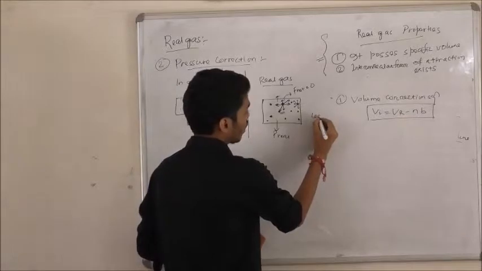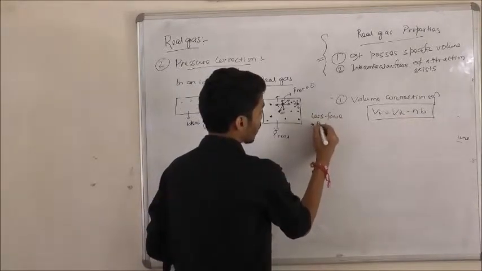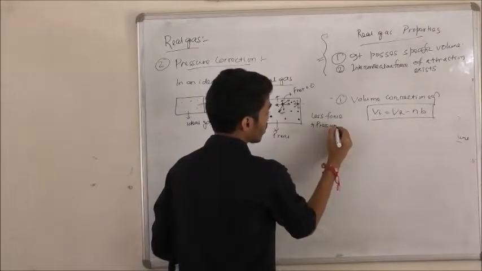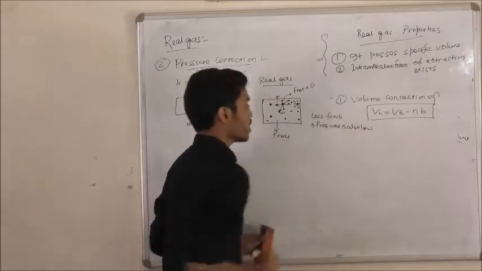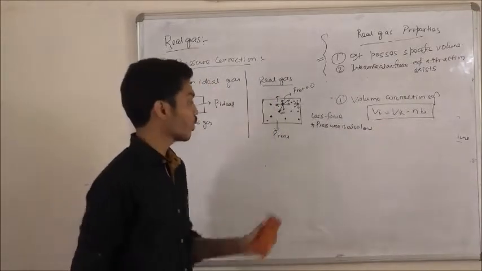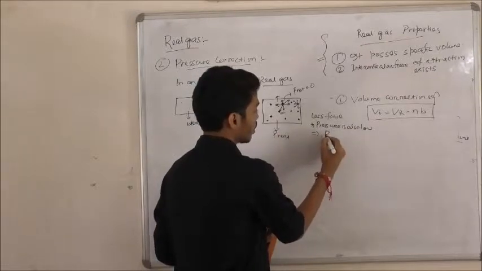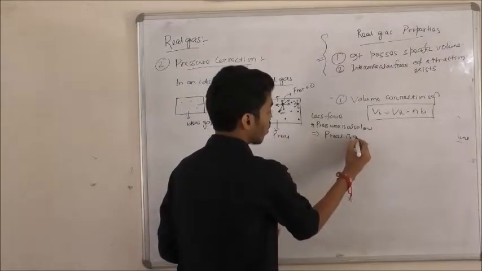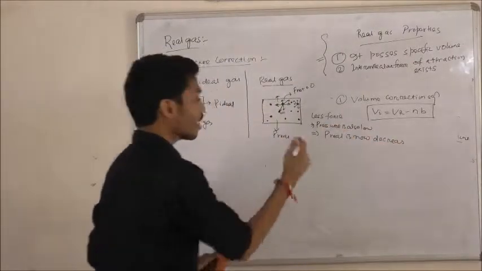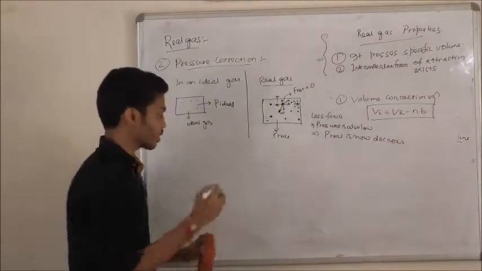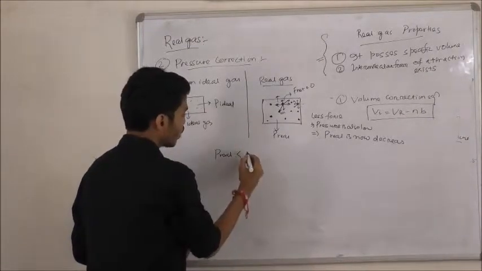If it strikes with less force, the pressure is also low. It means that the real pressure is now decreased. So what we have found is that the real pressure P real is less than the ideal pressure.